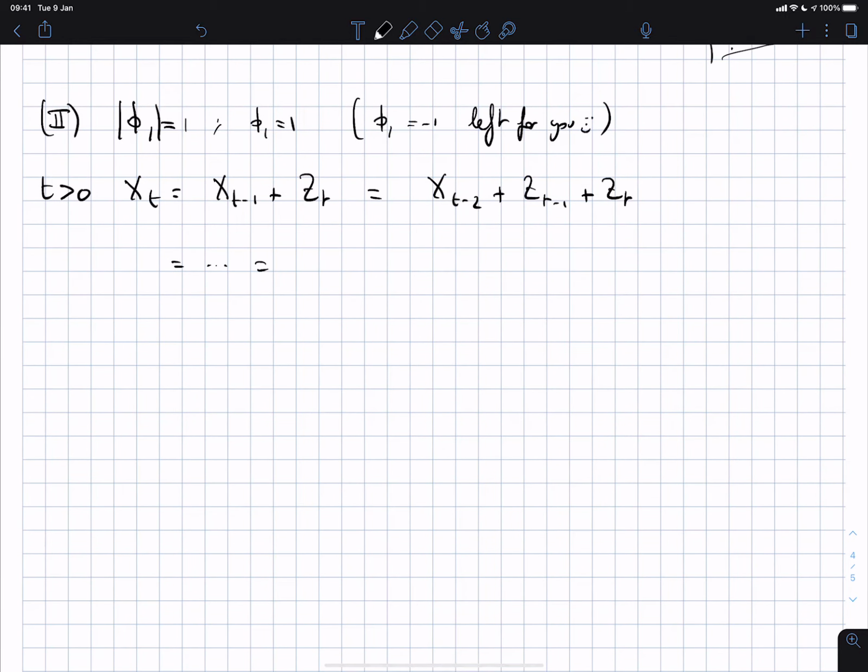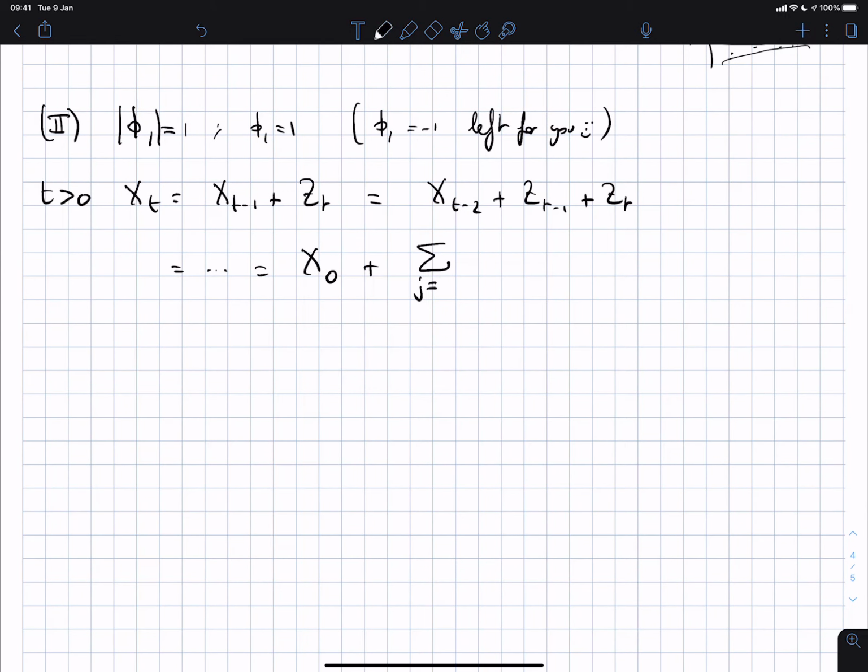Then I can go down to x0 plus the sum for j going from 1 to t of the zt's. I think there's a typo in the notes. I wrote a 0 there, which should be x minus 1.